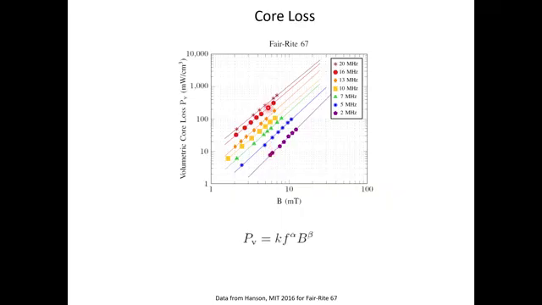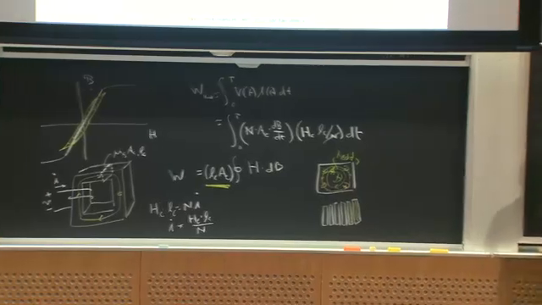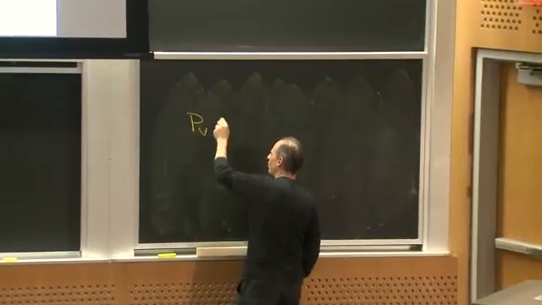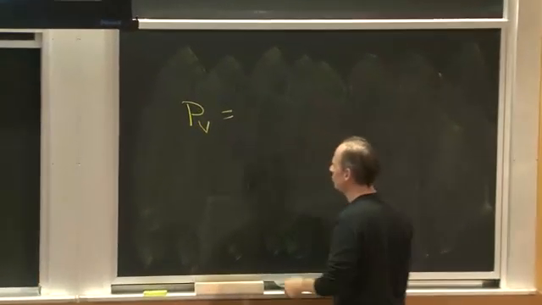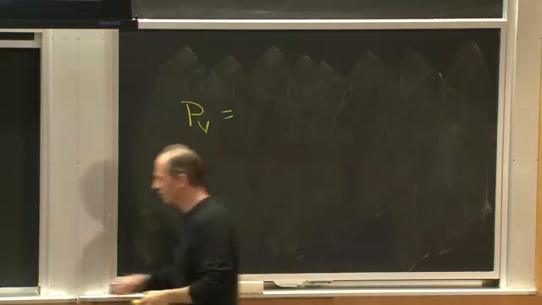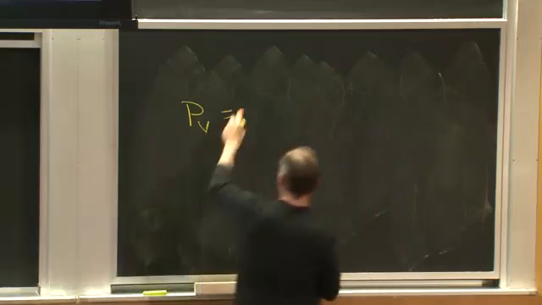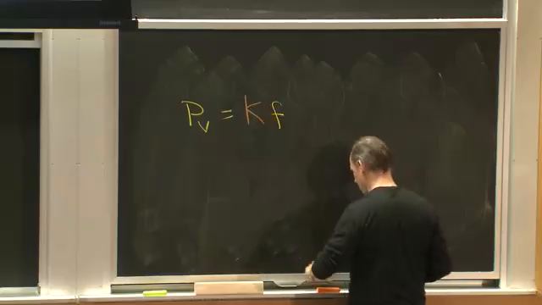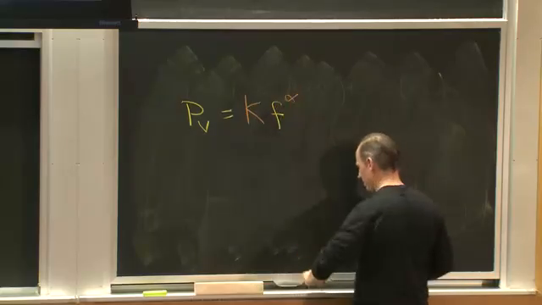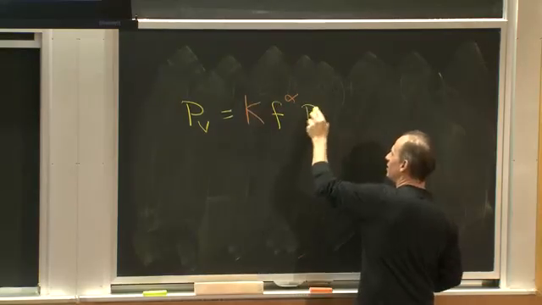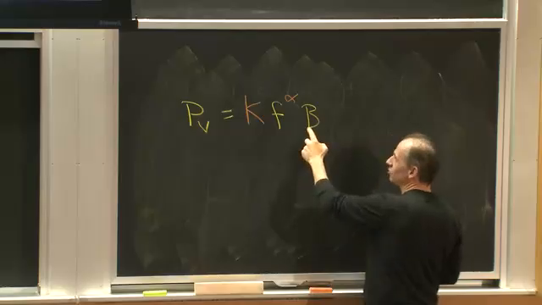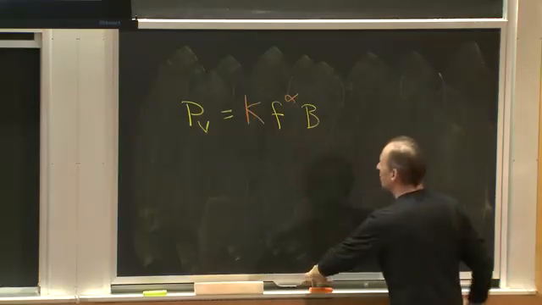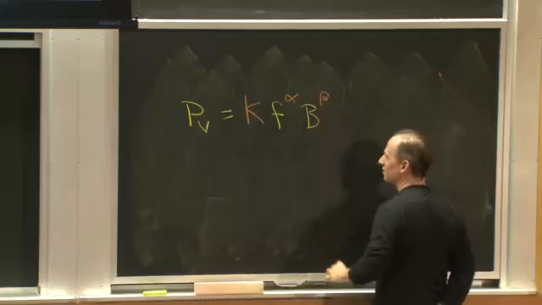They model it and say the power per unit volume, P sub V, is equal to some constant K times frequency to the power alpha times the AC flux density amplitude, usually measured only for sinusoids, unfortunately, to some other power beta.